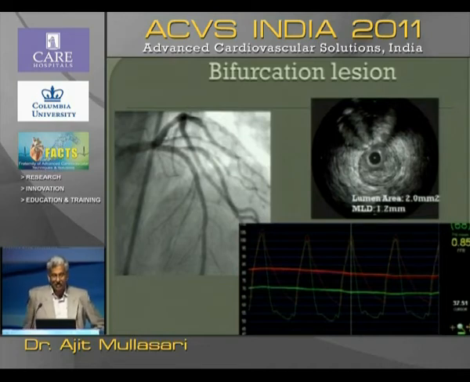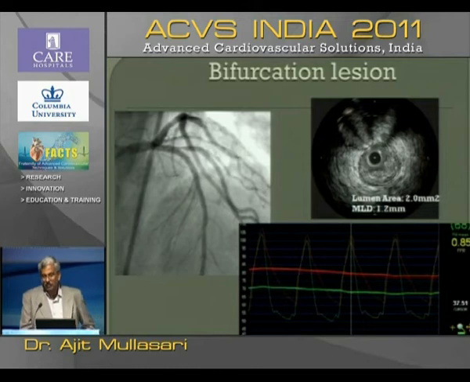Bifurcation lesions are another subset. You stent the LAD, and the diagonal looks pinched. Your lumen area on IVUS looks 2, MLD looks 1.2. Clinically, you would feel maybe we should stent this or balloon this or provisionally treat it. You look at the FFR, 0.85.